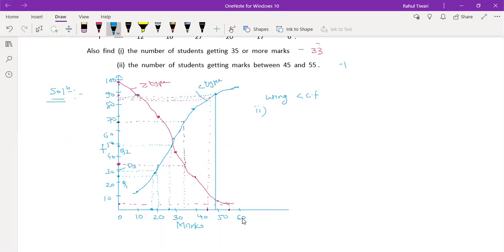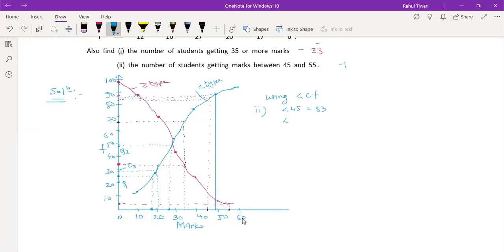So less than 45 marks, how many frequencies are there? It is approximately 83 or 84. Yes, I can take approximately 83.